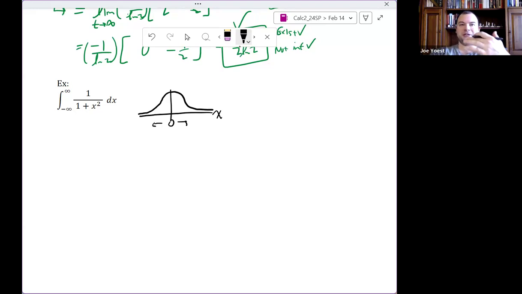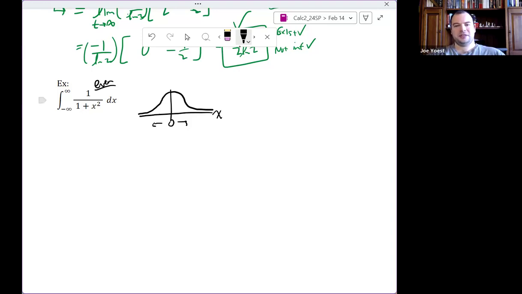So at x equals 0, it has height 1. And then as x gets larger, either positive or negative, this is clearly an even function. As x gets larger, positive or negative, the height goes to 0. The height going to 0 as we go far to the left or right is seemingly a pretty promising step for convergence of the integral.